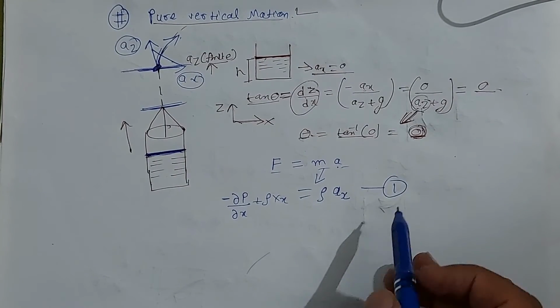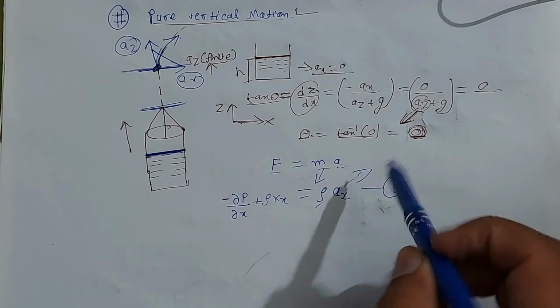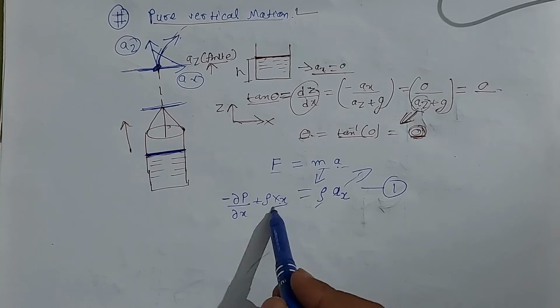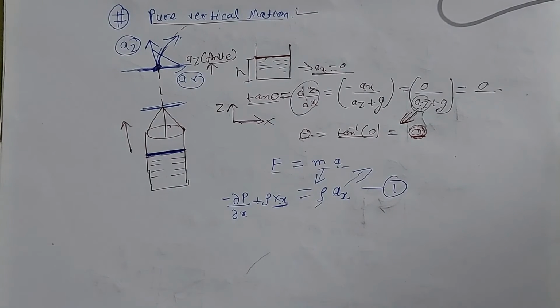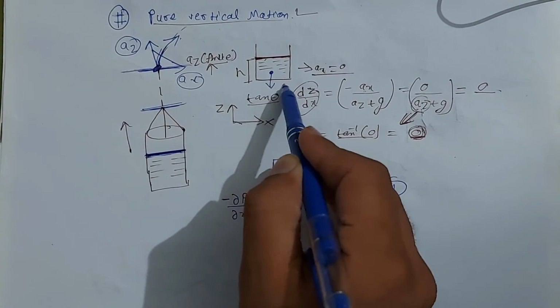And if you simplify this for pure vertical motion, you know that ax is 0, because there is no acceleration in x direction. And for Xx, the total body force in x direction, the whole body force is acting g downward.